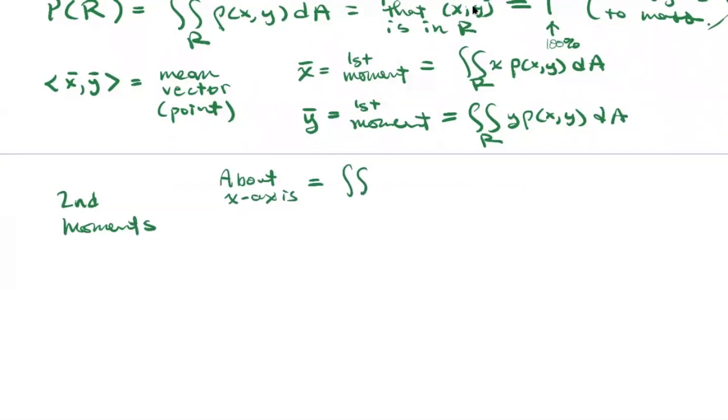About the x-axis, you have a y squared distance, and then you multiply by probability density and integrate over the whole region. So that's a second moment, and then about the y-axis, the distance to the y-axis is x, so that's what you're squaring.